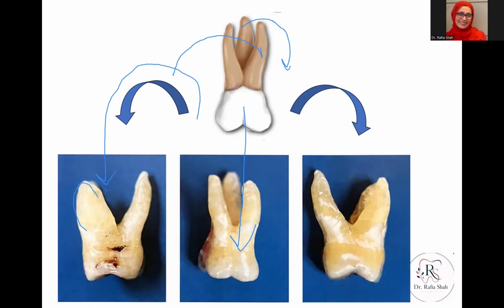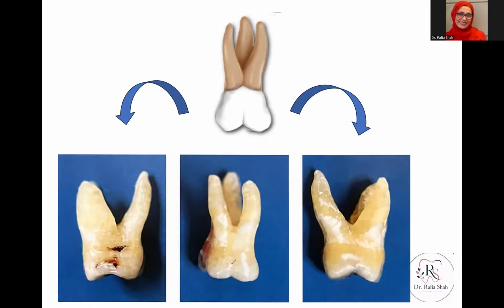These are two buccal roots and this is the palatal root. Similarly, if I turn the tooth in a different direction like this, the two buccal roots come this way and one palatal root goes this way. Basically, the reason behind this is we want to see the furcation points.